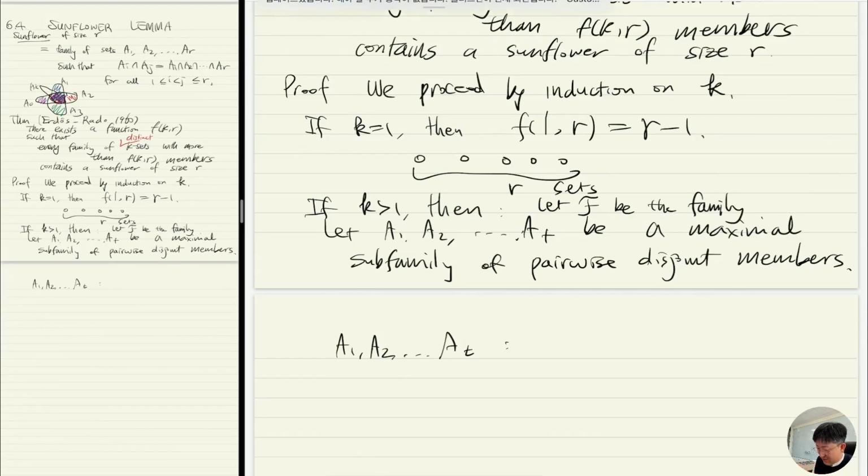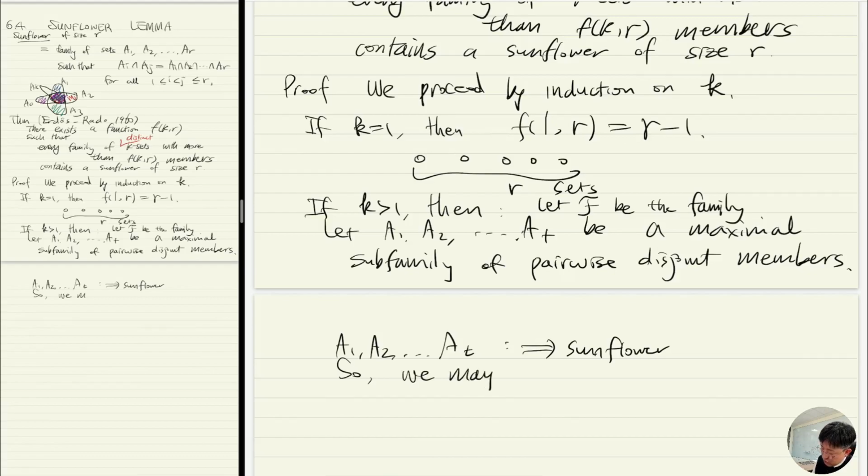So this is a sunflower. So if t is at least r, then we already have a sunflower of size r. So we may assume t is less than r.